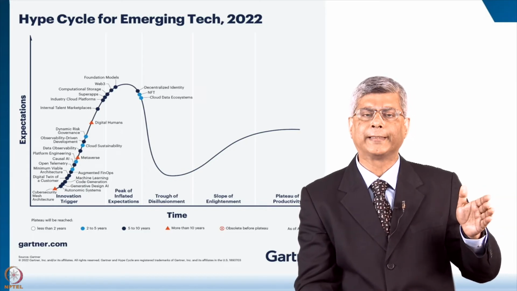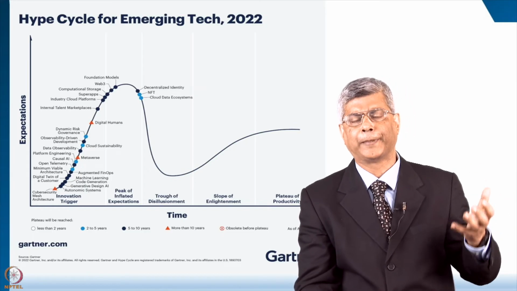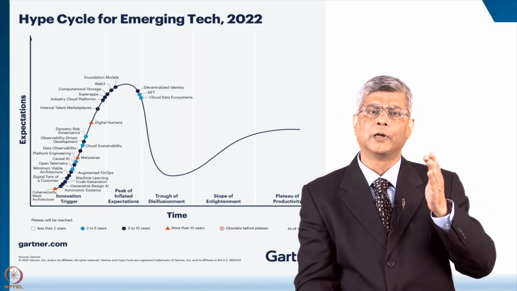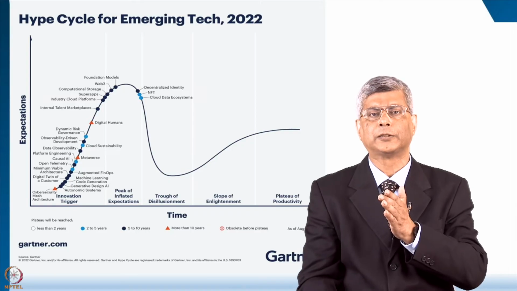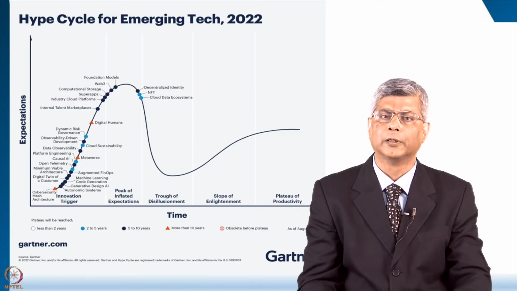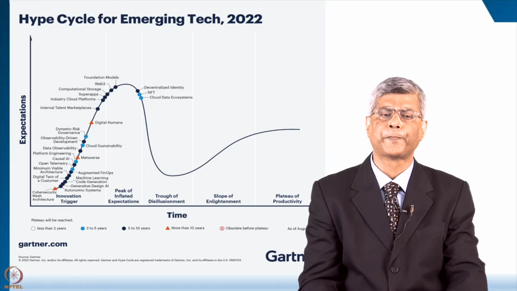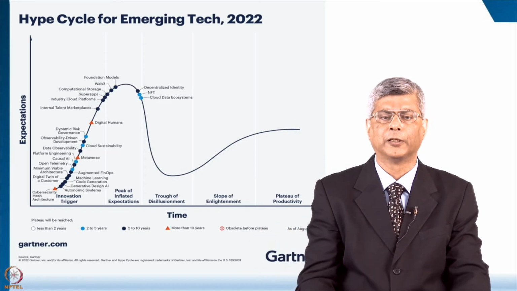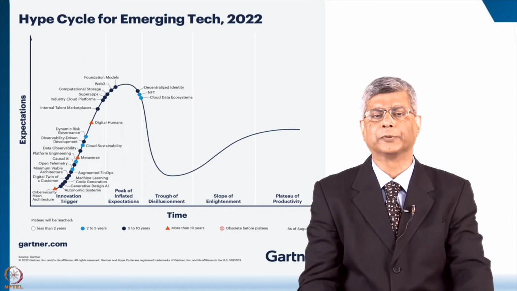They're emerging techs, and there's a lot of hype around it, there's a lot of expectation, but they're not yet tested out. And then as you go up, you get a bit more mature technologies where the expectations are also being met. And then you get into very mature technologies which are kind of flattening out.